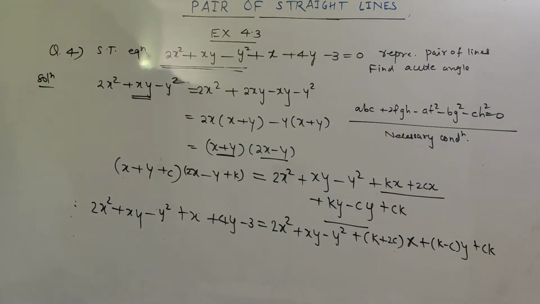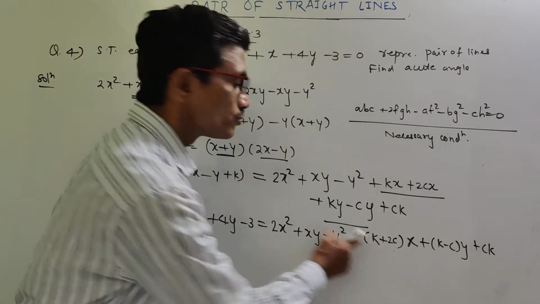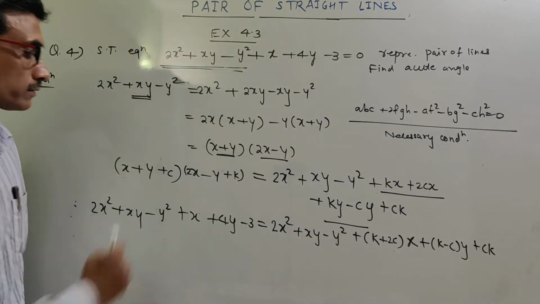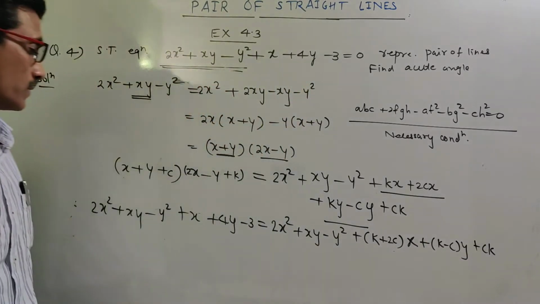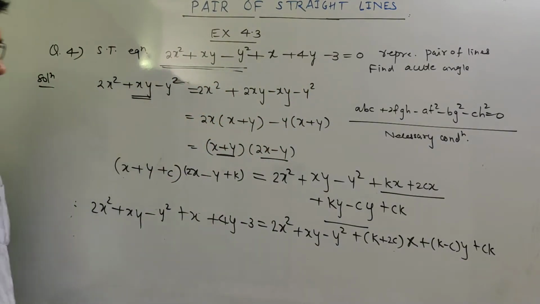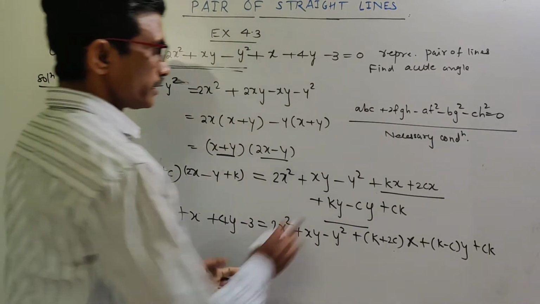So we compare the coefficient of x, it is k plus 2c, and here it is 1, and the coefficient of y, that is k minus c, here it is 4.